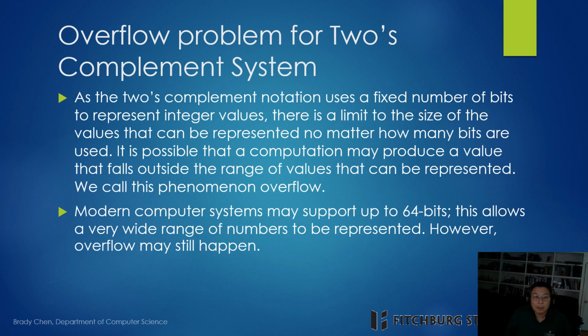We know that as the two's complement notation uses a fixed number of bits to represent the integer values, there's definitely a limit to the size of the values that can be represented, no matter how many bits are used. For example, we use 8 bits. We know there's a limitation, right? Now look at the previous 2 tables. For 4 bits, the largest number we can represent is 7, and the smallest number we can represent is -8. Now you can say, well, because it's 4 bits, it's a very small system.